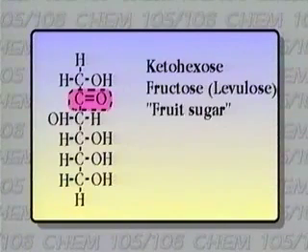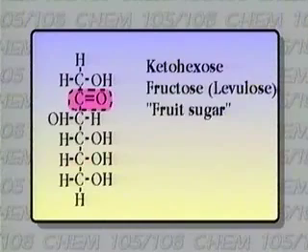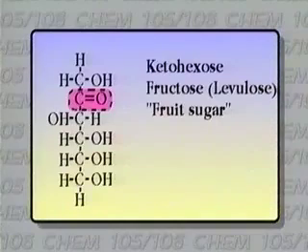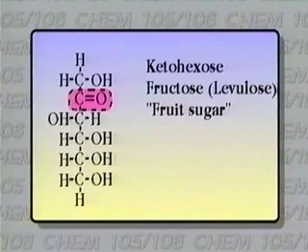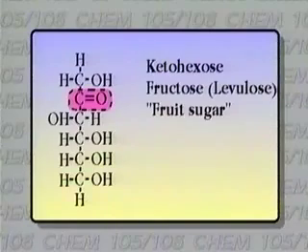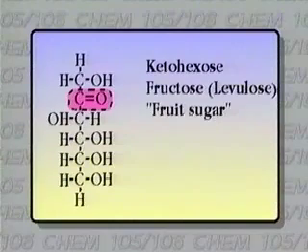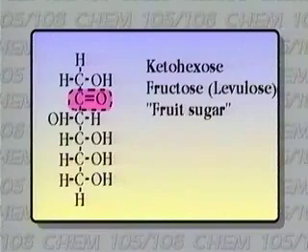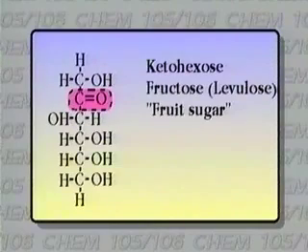An R group, an R group, and the C double bond O for the ketone. So this is referred to as a ketohexose. And again, the keto tells us we're looking for a ketone in the structure, the carbon double bond oxygen in the chain, and hex, that we have the 6 carbons. This is called fructose, also known as levulose, but fructose, and it's fruit sugar. It's the sugar that we find in the rest of the fruits.